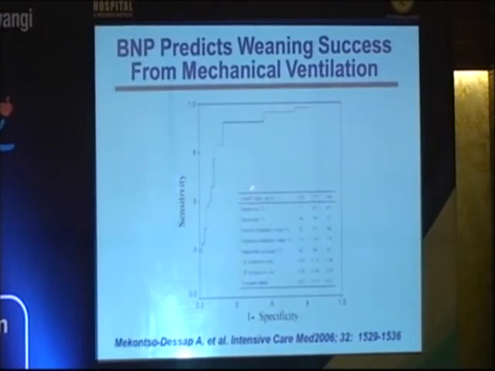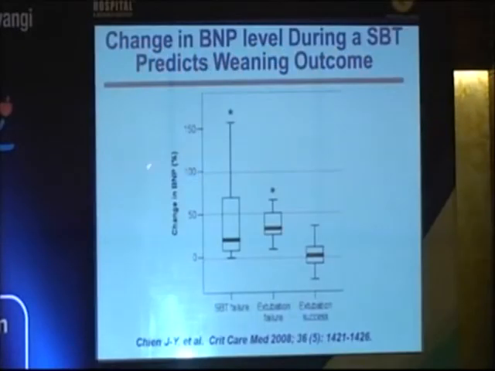I can't read the numbers, but if your B-type natriuretic peptide increases during weaning from mechanical ventilation, this patient is likely to be in big trouble if you proceed with extubation. So here is a summary of this type of thinking. This is on the y-axis change in B-type natriuretic peptide as a percent.